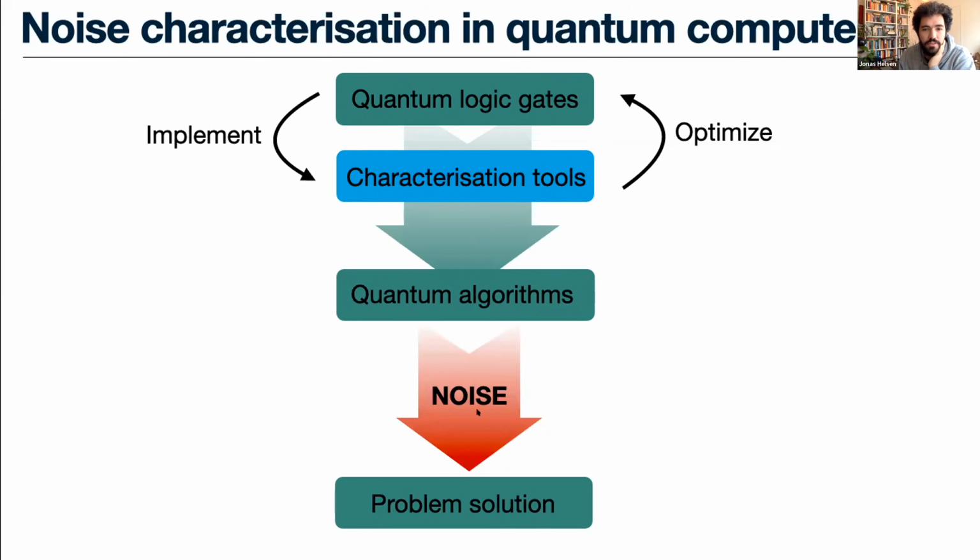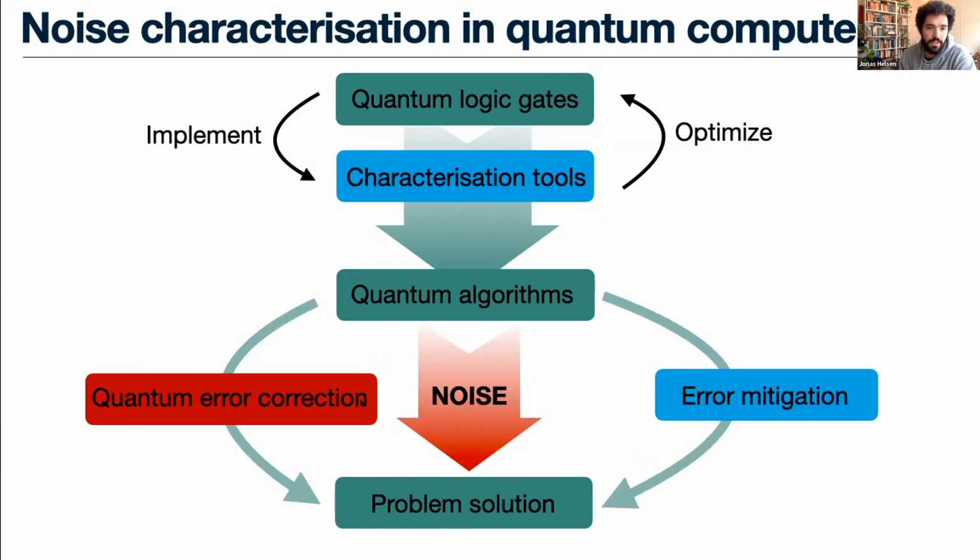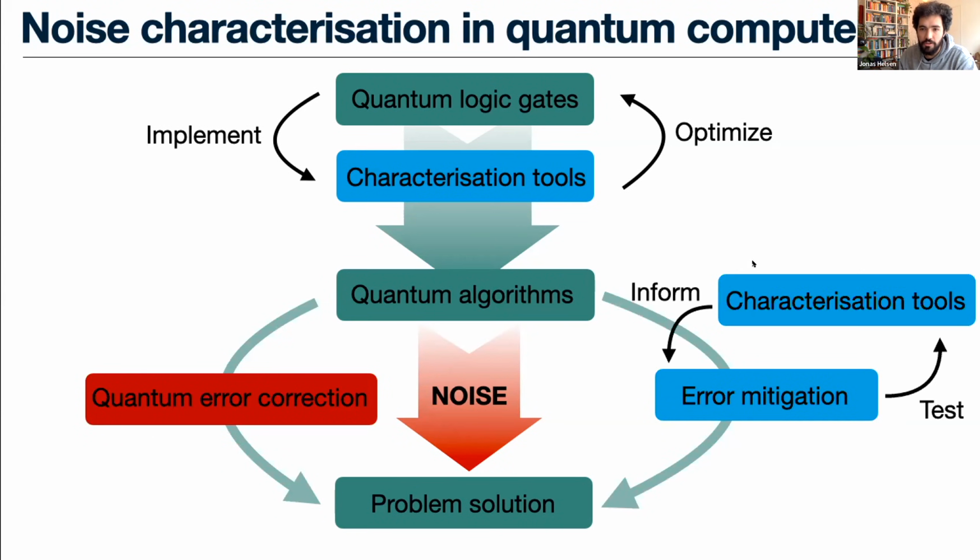So one way to solve this noise problem, from algorithms to solutions, is by quantum error correction, but we're not going to talk about that because it's hard, it's a future thing. Then there's quantum error mitigation, which also has this characterization loop attached to it. But I mostly just want to show that this shows up in many places, and what I want to motivate here is that we want to take an abstract view on these tools.